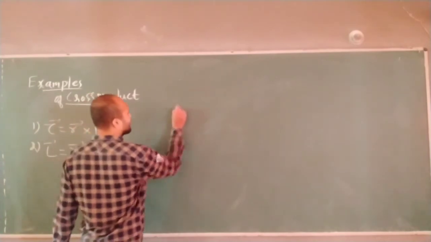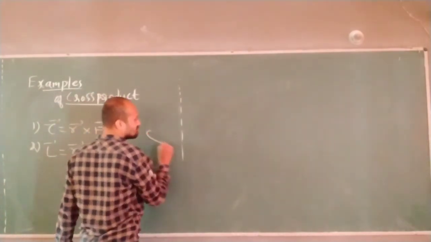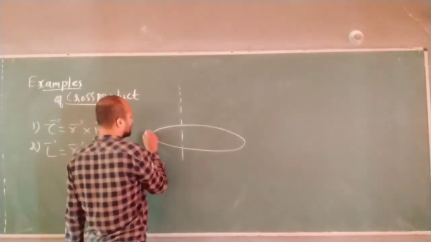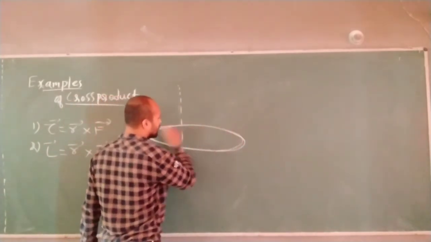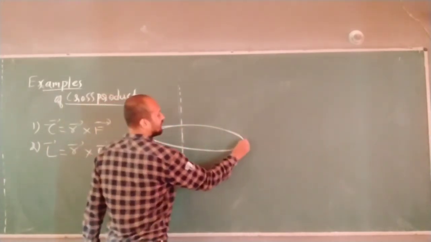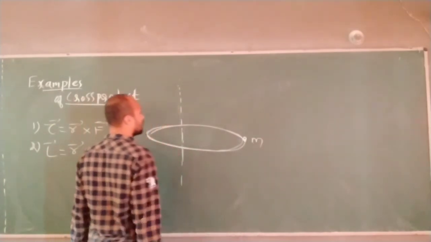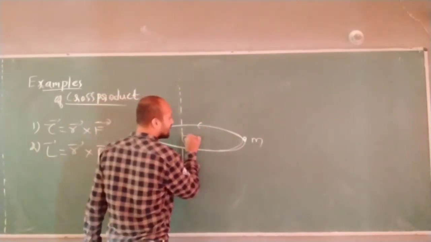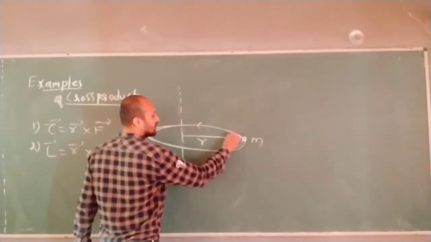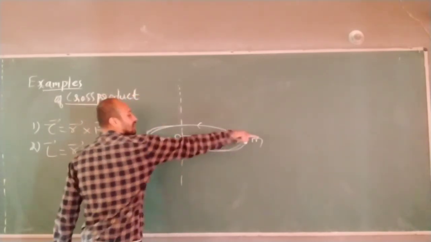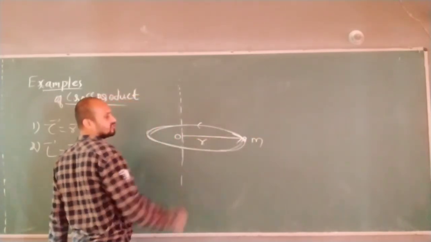Suppose a body is rotating about an axis. Let's say one point mass m is rotating about an axis, having a distance vector, this r vector from the origin towards the point. This is the radius vector.